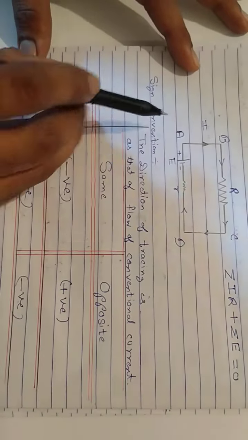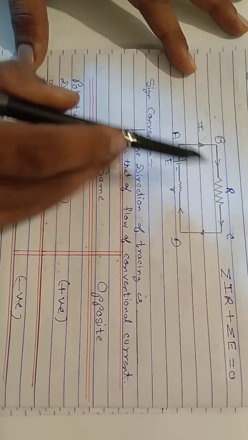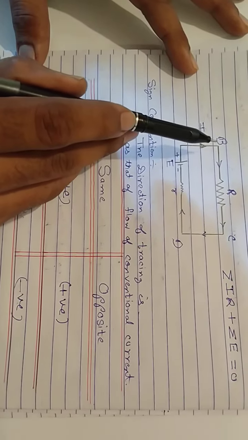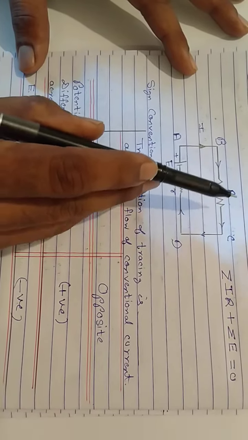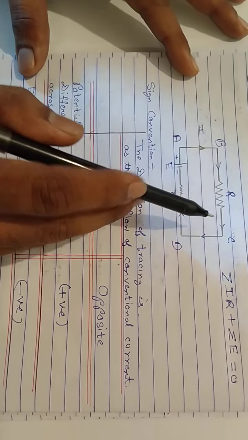Students, from A to B there is no component, so neglect. Now from B to C, one component we got, that is R. What is the current flowing through that resistor R?